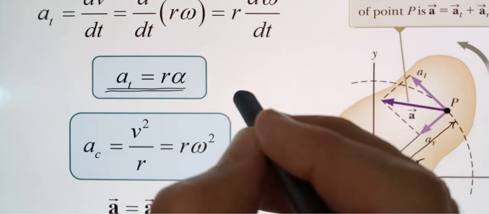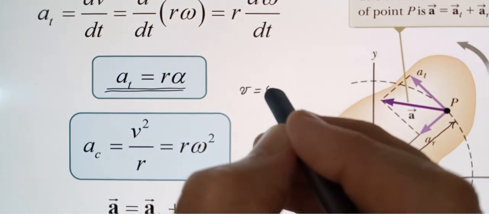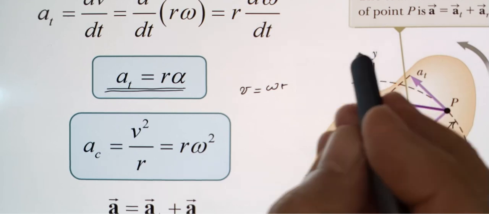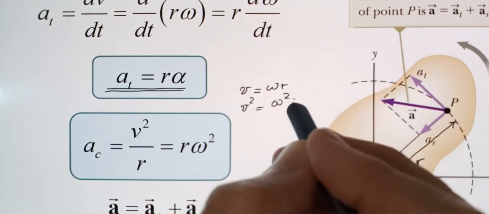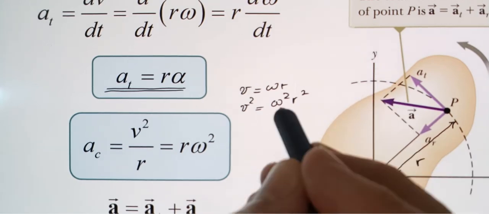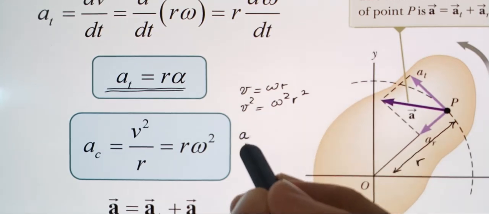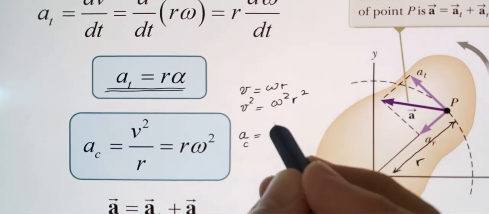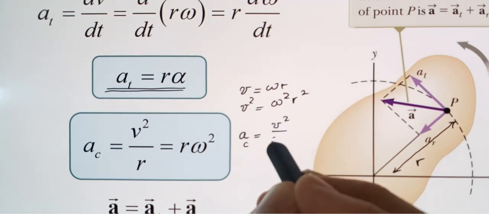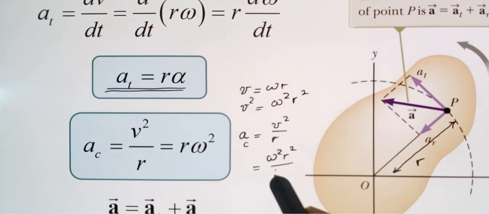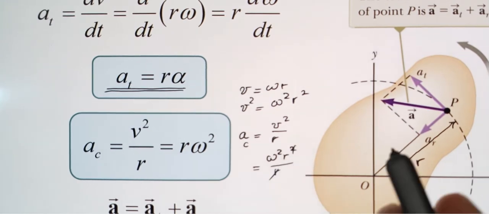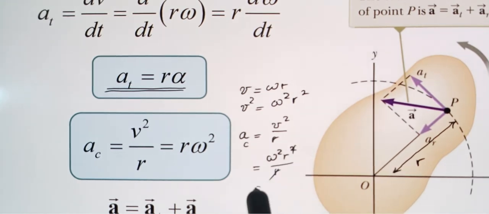Because we have v is equal omega r, v square is equal omega square r square, and then centripetal acceleration is equal v square over r, so that is omega square r square over r. So we come to this result: centripetal acceleration is r omega square.